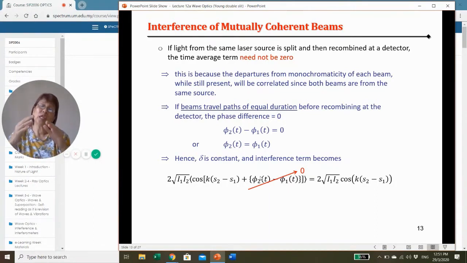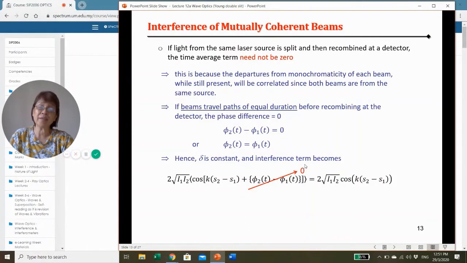So if these beams were to travel paths of equal duration before they recombine, the phase difference would actually be 0. So we take the phase difference equal to 0, and the term that has the time would then be equal to 0.